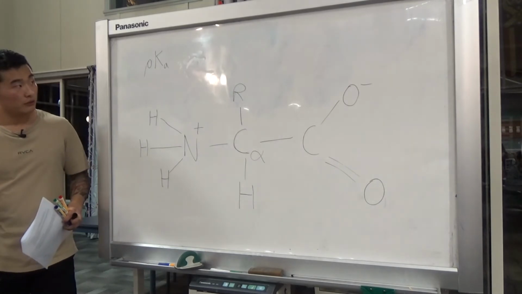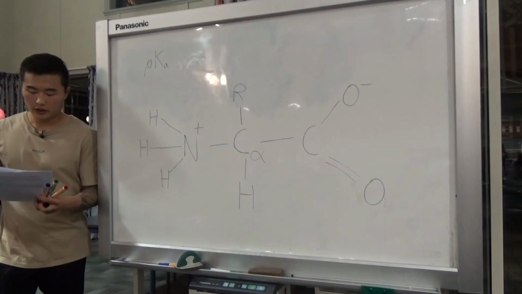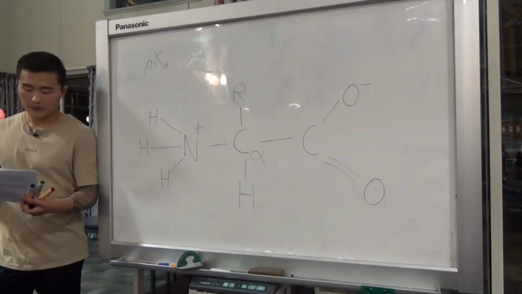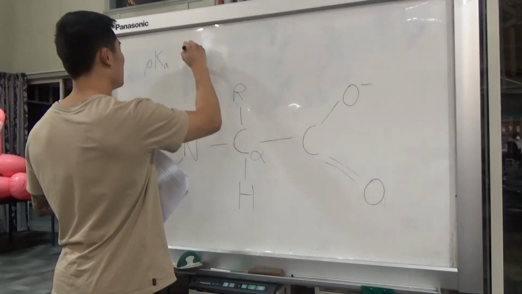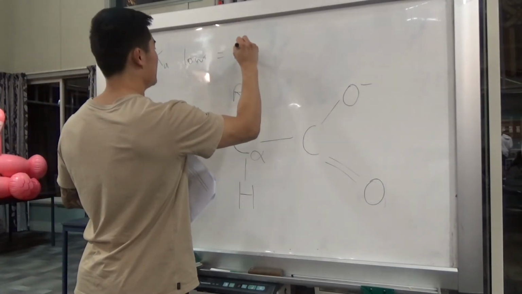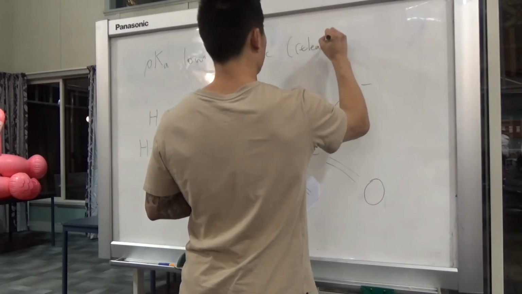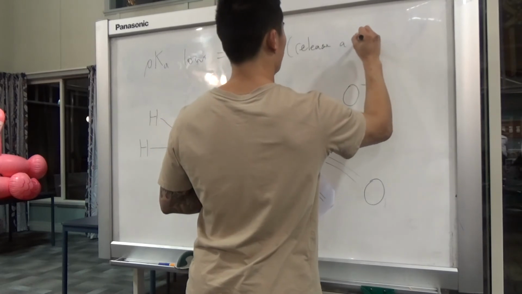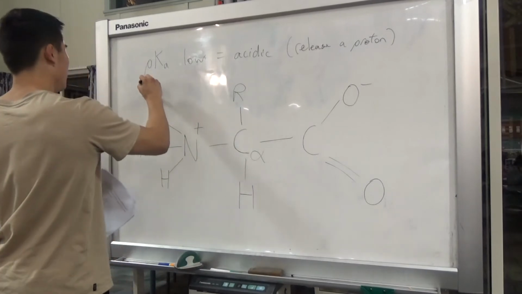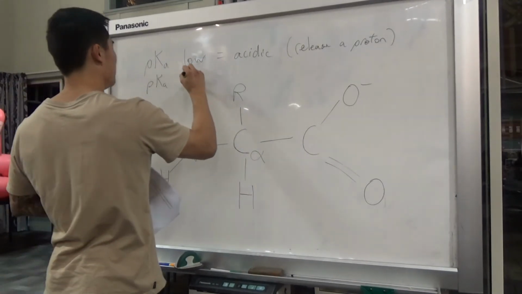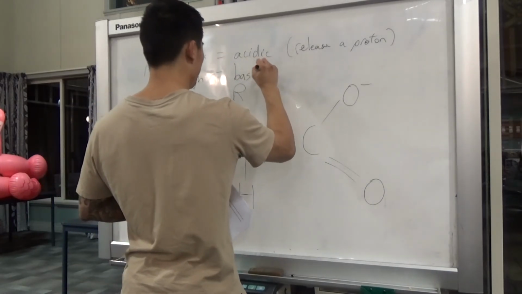So remember that if the pKa of a group is low, it's going to be acidic. So if the pKa is low, it means it's acidic, so it will release a proton. And if the pKa is high, it means that it is basic.